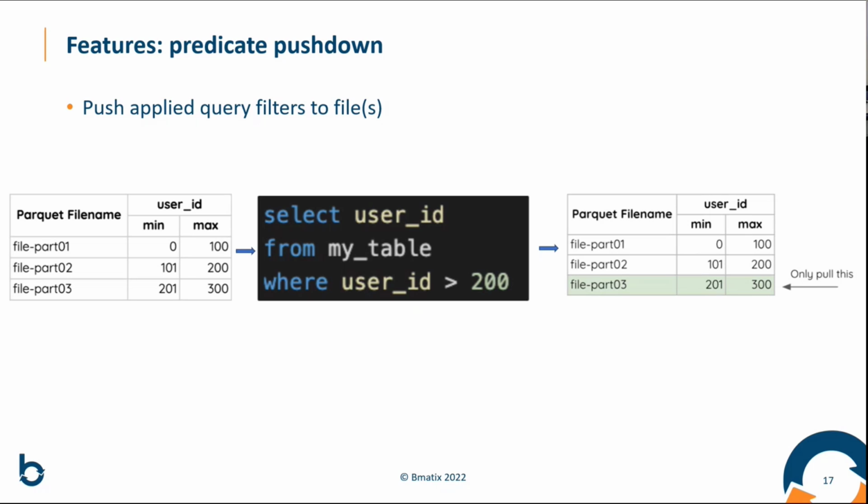And this is very useful because reading in less data, it's a recurring topic, incurs less I/O time. This way, not the full file or all the files have to be read into memory to then inspect the column values to actually see which values satisfy the query predicate, or the filter, to use a less fancy word.